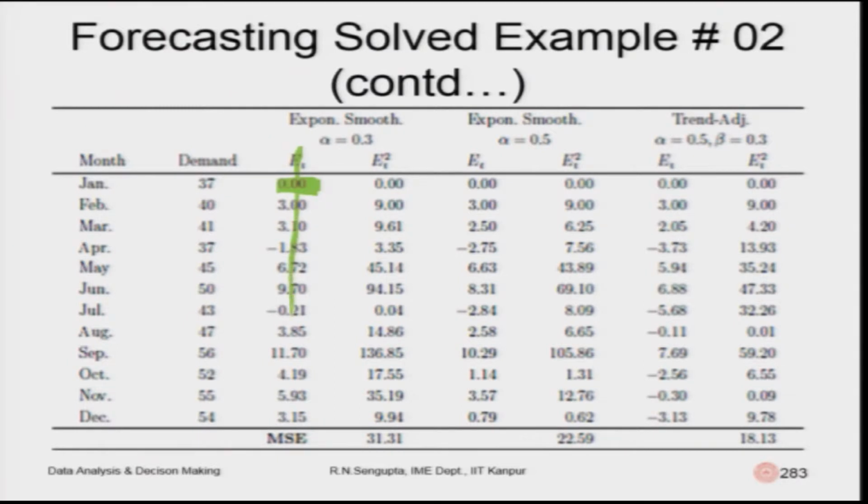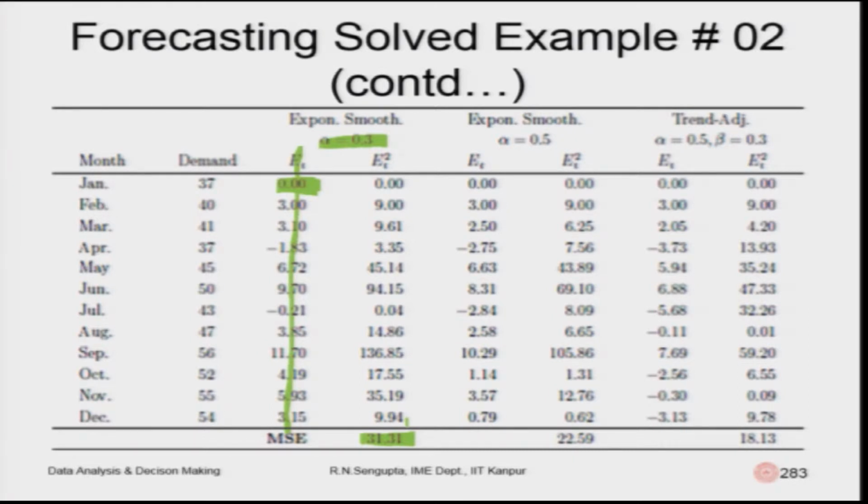So, I just mark it out. Now, you square them. This I did not mention because I have been repeating it time and again: these are the errors based on the fact that I have used alpha as 30%, or 0.3. In the fourth column, once the errors are calculated, we find the square of the errors and then sum them up. So, this becomes 31.31.